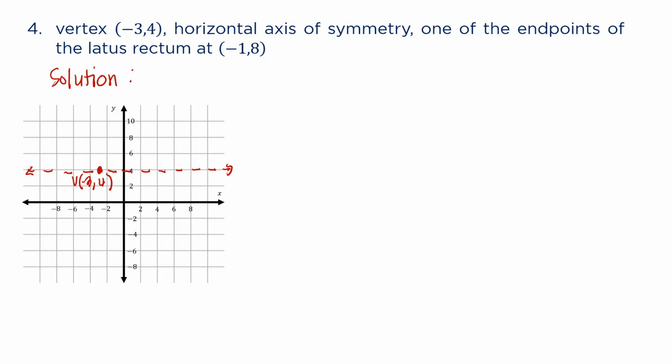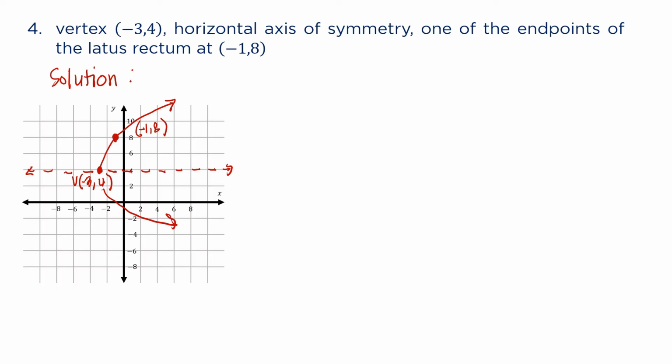Okay. Next, yung endpoint naman ay negative 1, 8. So, we have negative 1, 8. So, nandito siya. Ngayon, since the axis of symmetry is horizontal, so it is either the parabola opens to the right or to the left. But since nasa right side yung isang endpoint ng latus rectum sa vertex, so therefore, our parabola will open to the right.